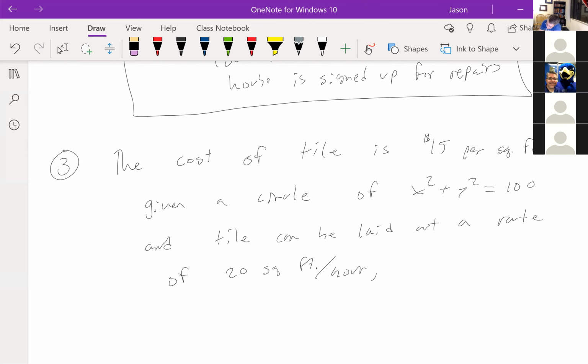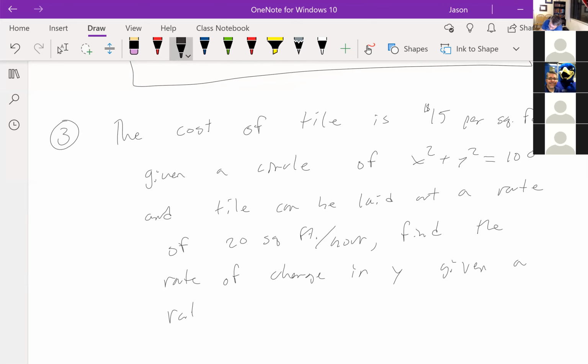Okay, find the rate of change in y given a rate of change in x.